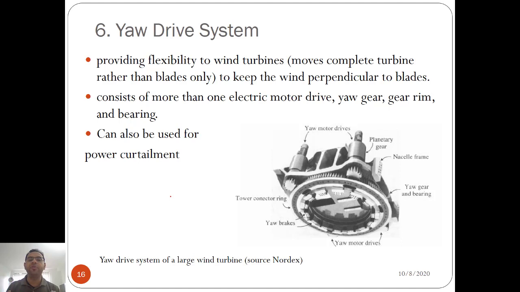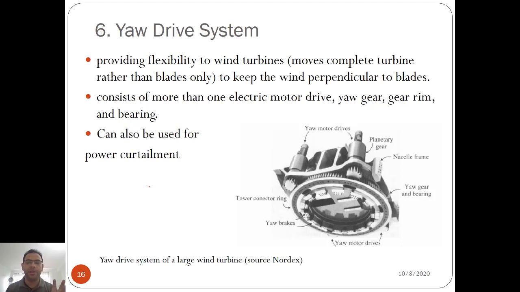Other than that, we have to move the direction of our turbine itself. So the mechanism that we use here is called the yaw drive system, and it contains a motor drive, yaw gear, gear rim, and bearing. And it can also be used for power curtailment.